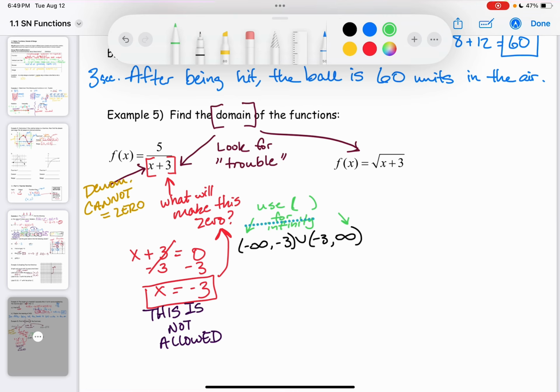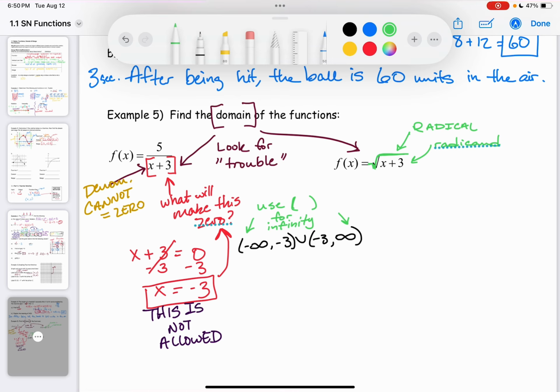Now, on this side, if y'all don't remember, this is a radical, and this guy that I'm highlighting in green right here, that's our radical symbol. What's underneath it is called our radicand. And it has a rule also.